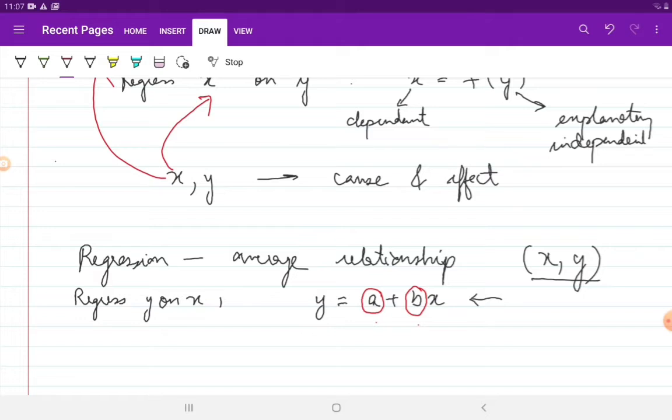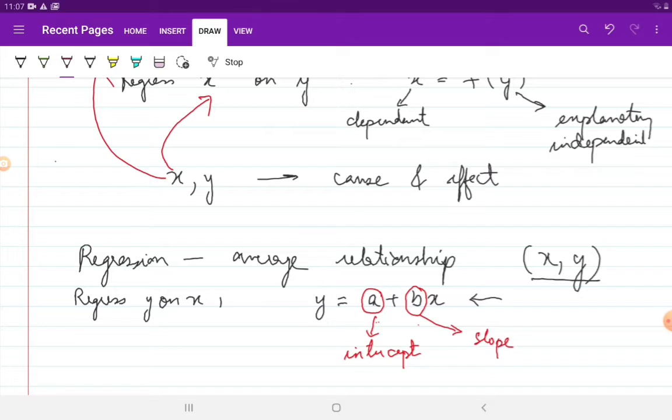Okay, just note that when I was discussing the OLS method and talking about the normal equations, I think I wrote y is equal to ax plus b. Now there is a slight change in the form. Here I have made a the constant. In fact, in the regression equation, this is the intercept term, and here b is the slope.